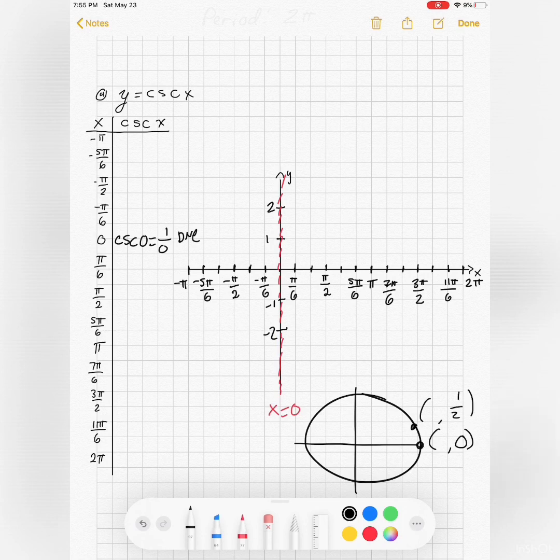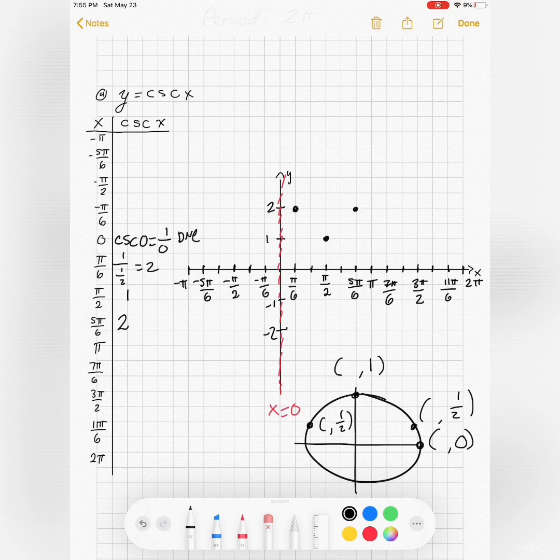The y value is a half. So 1 over a half is 2. Okay, pi halves. 1 over 1 is 1. 5 pi sixths. 1 over half again, 2.